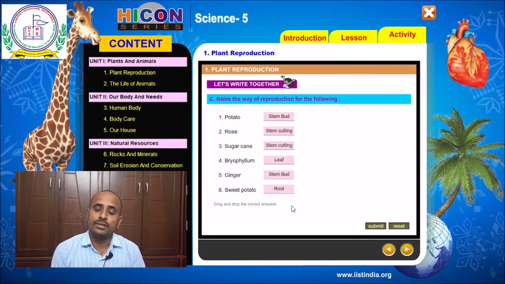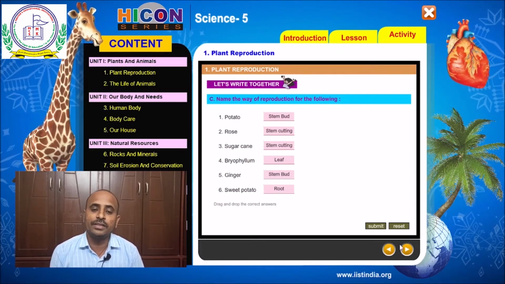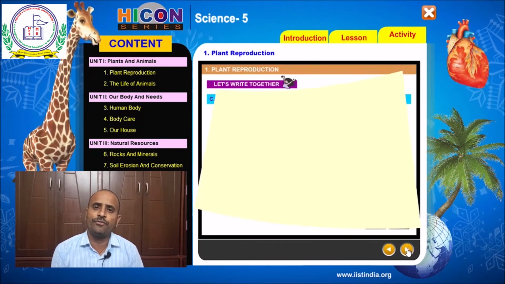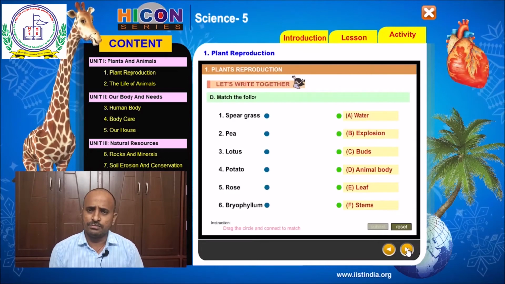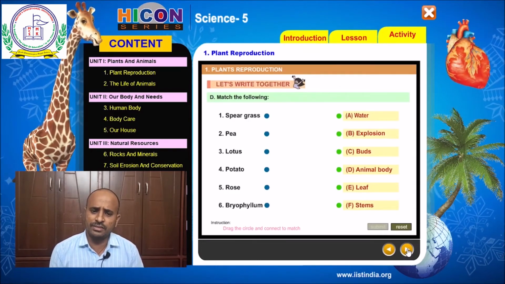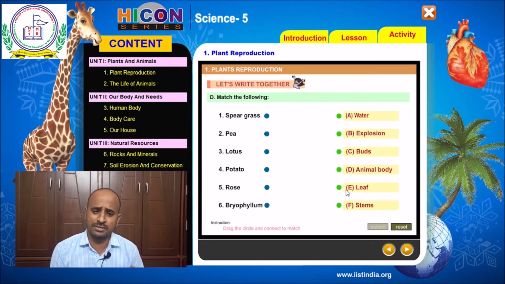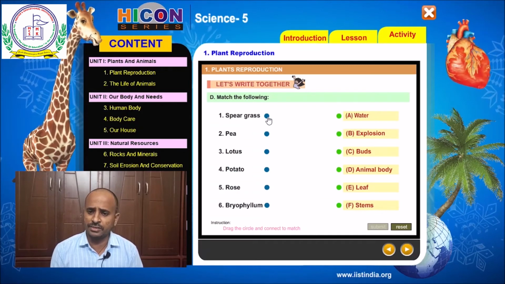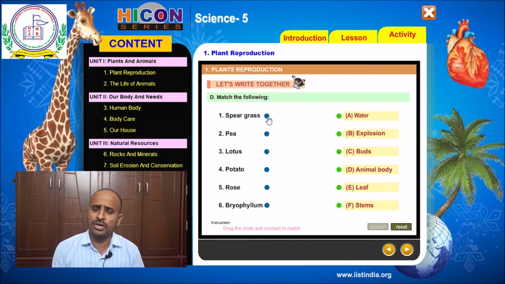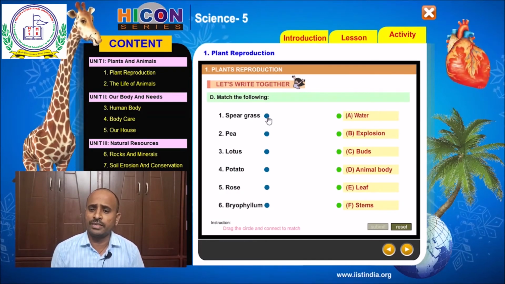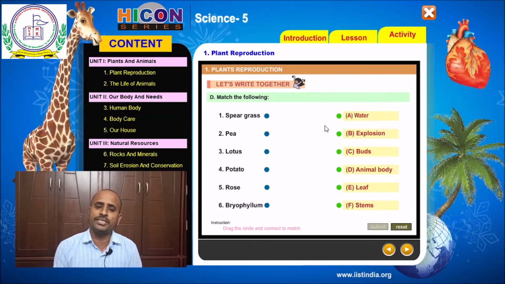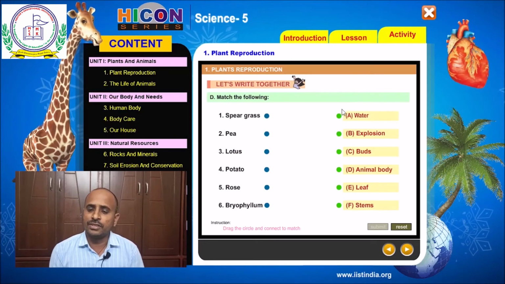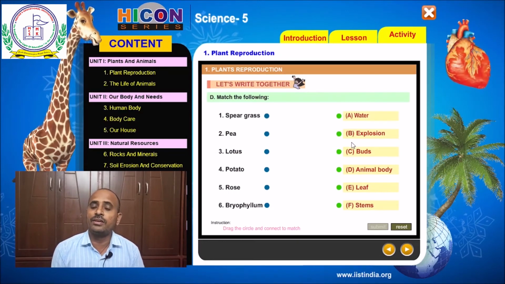The next activity in the exercise part is match the following. Children, if you observe this matching, on the left side they give some types of plants. On the right side they give some words like water, explosion, birds, and body parts. Now we have to match the plants with the words given on the right side.